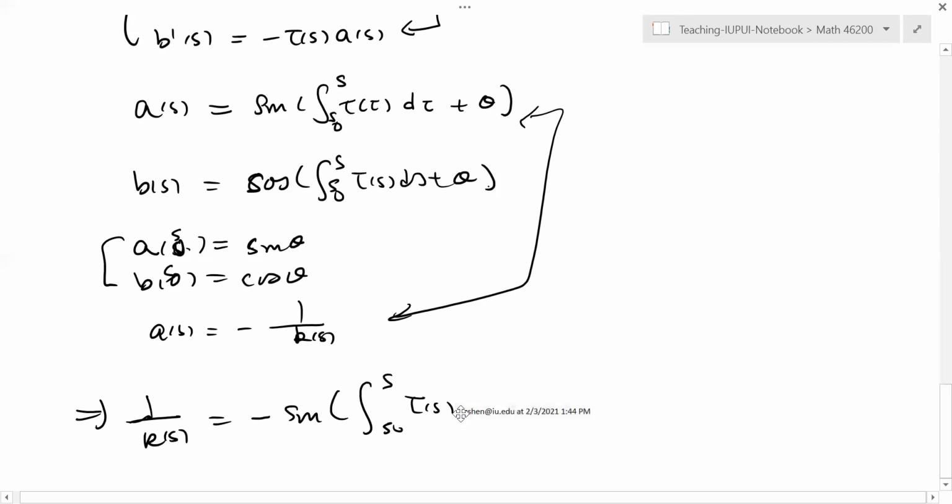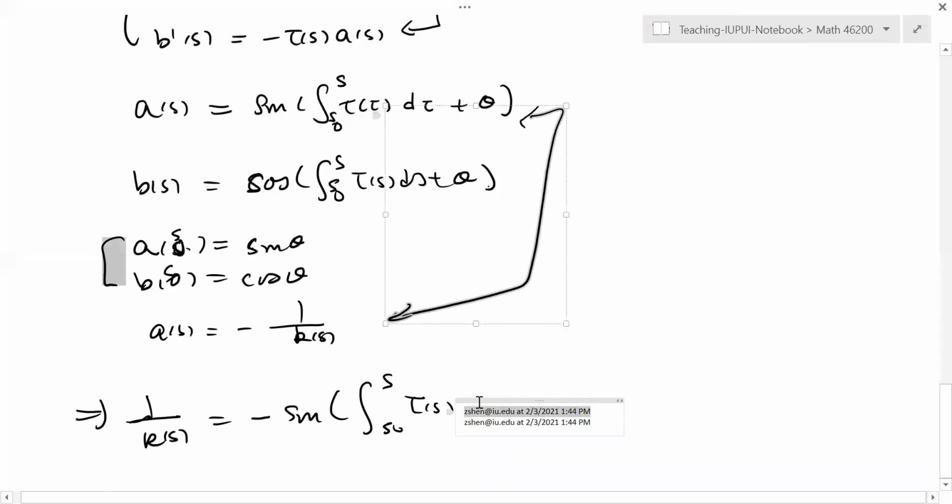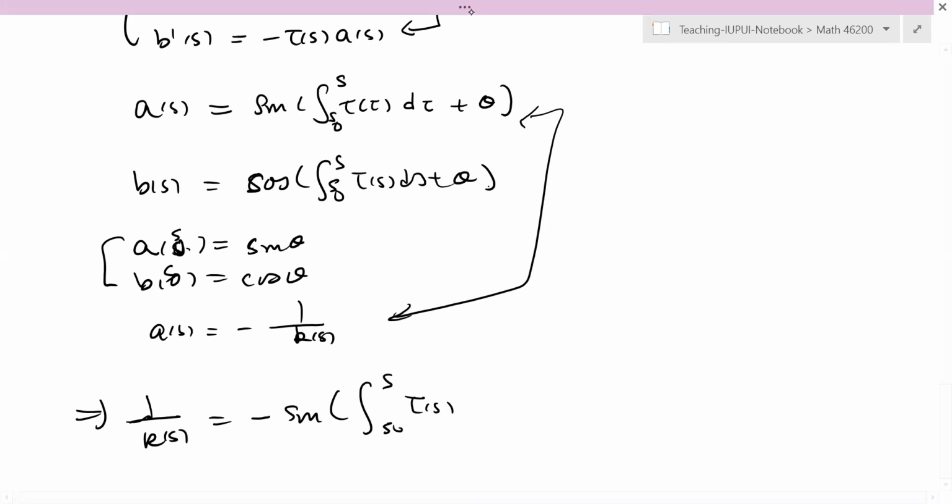I maybe should write it this way. Traditionally we use sine first, cosine first.